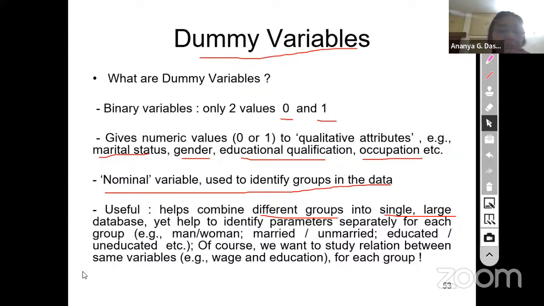So if I have men and women, married and unmarried, educated and uneducated, we can identify the coefficients separately for each of these categories, even as we use dummies to estimate a single regression involving all of these variables.